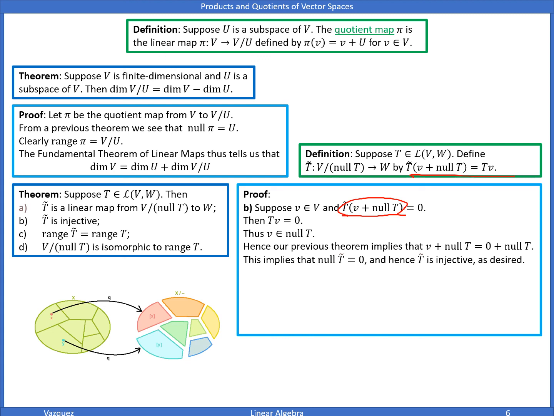That's the condition we need for injectivity. Again, just by how T tilde is defined, it's pretty straightforward to see that the range of T tilde is indeed the range of T.